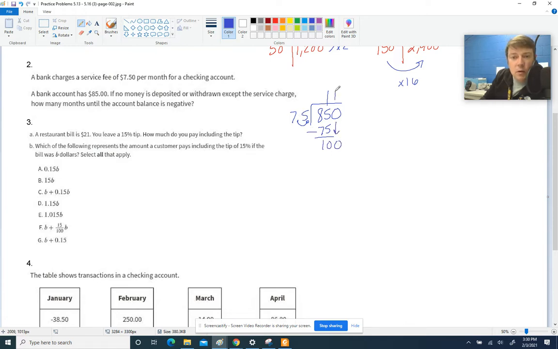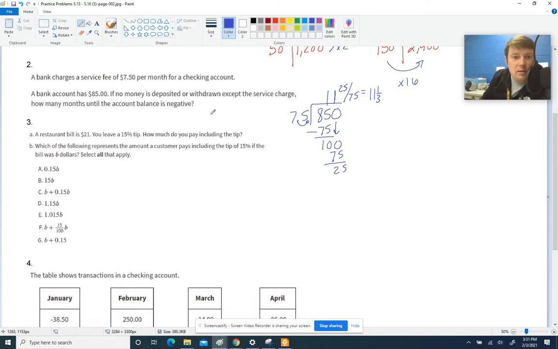That goes into that once, with a difference of 25, which is a third. So we could expect after 11 and 1/3 months, we can expect that to be 0 on the nose.